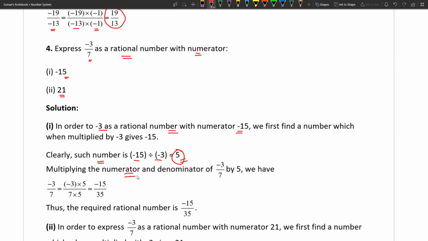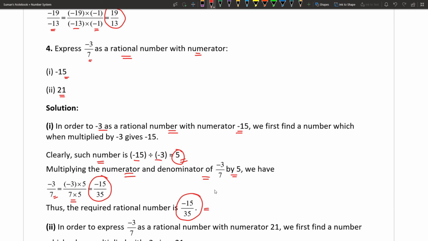So multiplying the numerator and denominator of minus 3 by 7 by 5, we have minus 3 into 5 upon 7 into 5, and we get minus 15 upon 35. Thus the required rational number when the numerator is minus 15 is minus 15 upon 35.